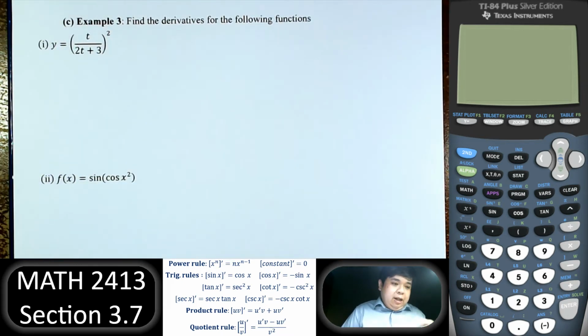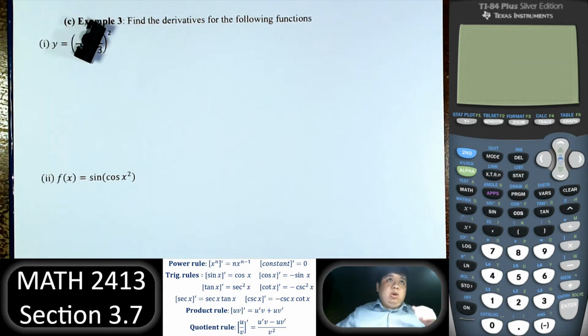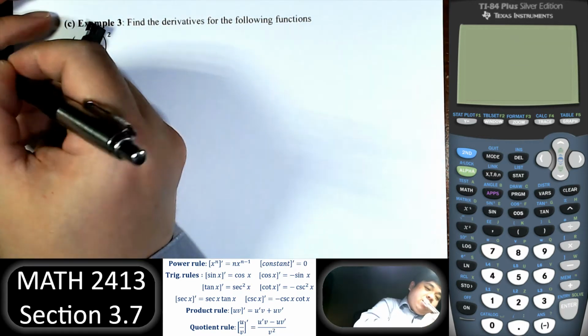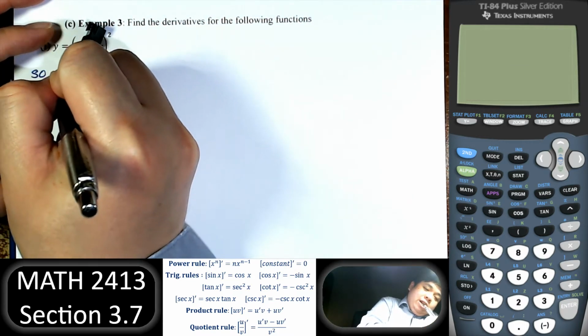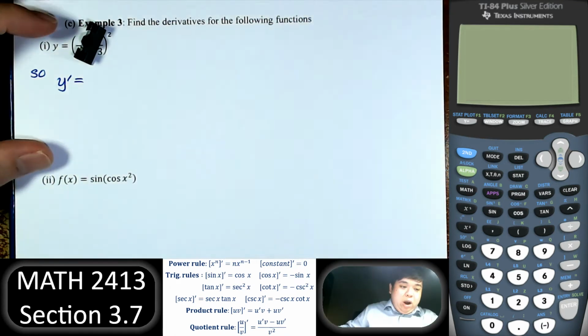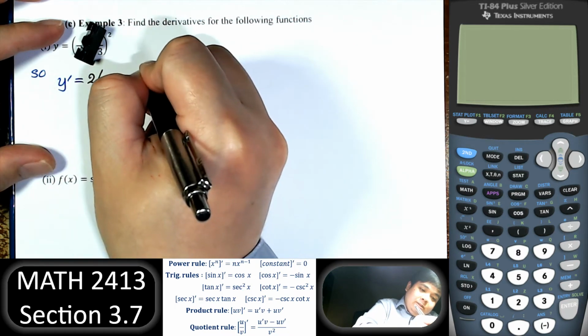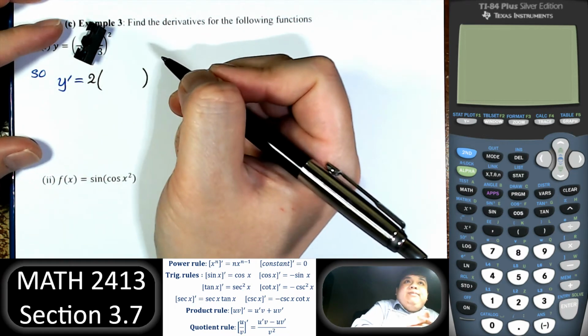Right, now, derivative of that. Once again, there's something in the parentheses, so derivative of the parentheses, doesn't matter what's inside, is the first step we do. So the derivative of parentheses squared is 2 times the parentheses to the first power.